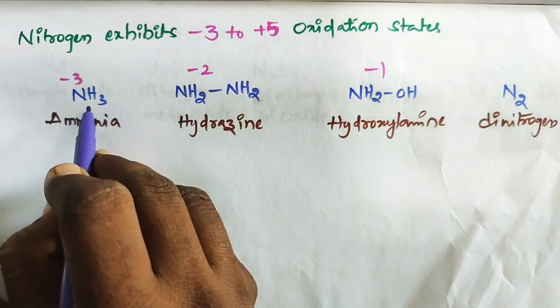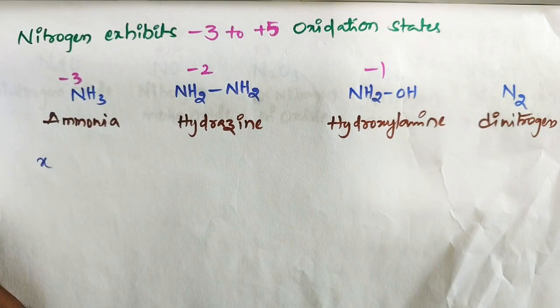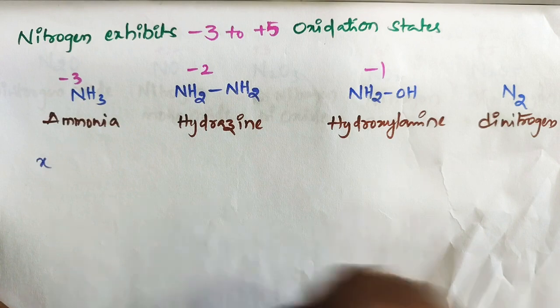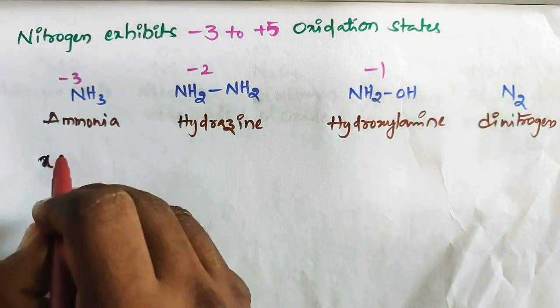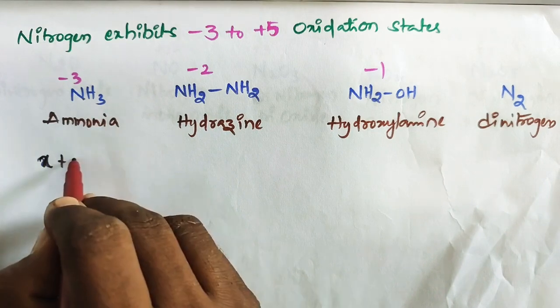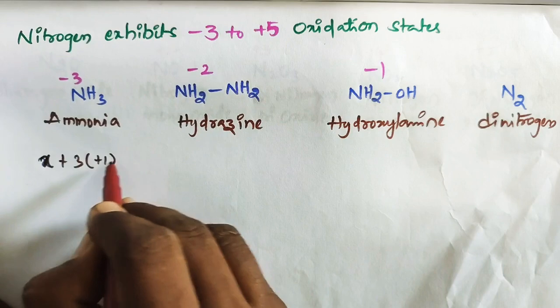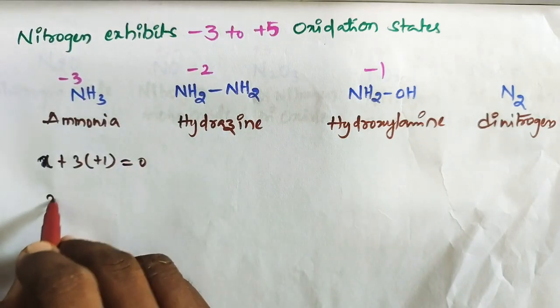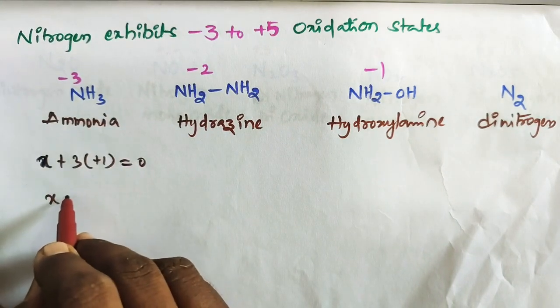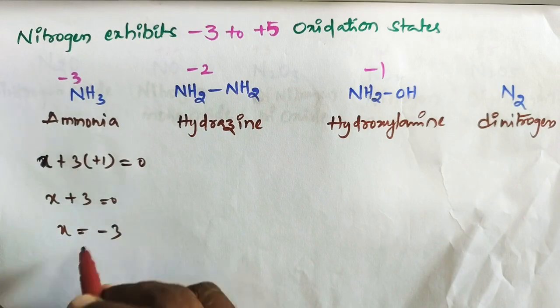Nitrogen is more electronegative than hydrogen, so nitrogen is taken as x. x plus 3 hydrogens, hydrogen has +1, 3 into +1 equals 0, so x plus 3 equals 0, and x equals -3.